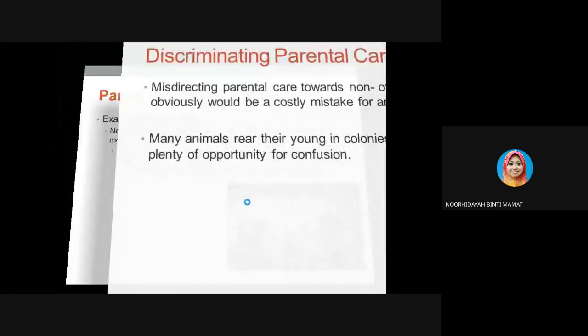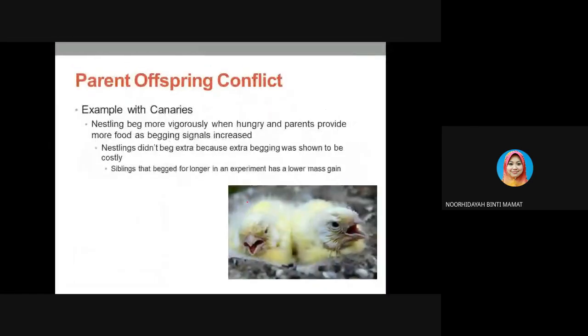For example, in canaries, the nestlings beg more vigorously when hungry, and the parents provide more food as the begging signal increases. So the parents depend on the signals given by the offspring. The nestlings don't beg extra because extra begging was shown to be costly.